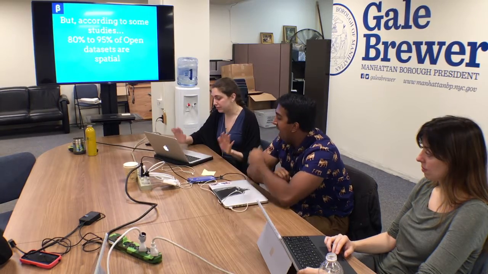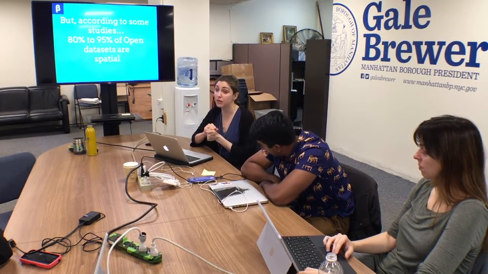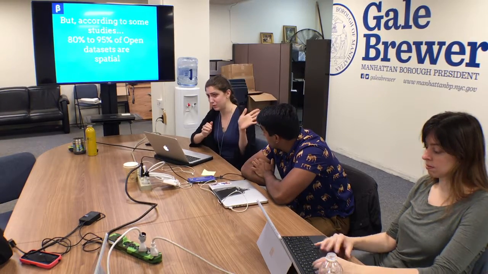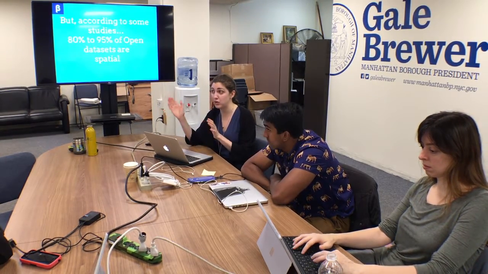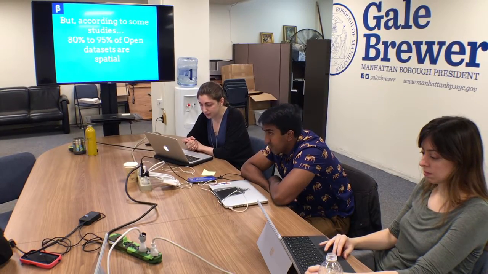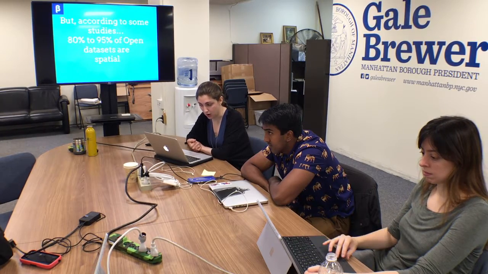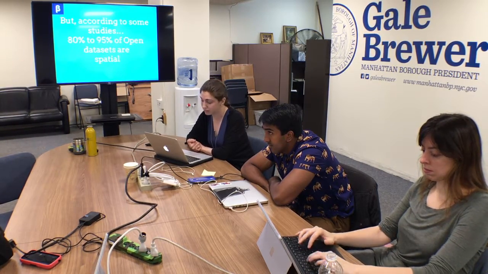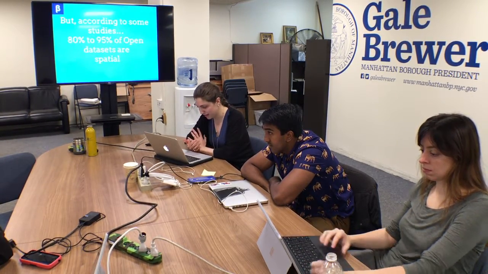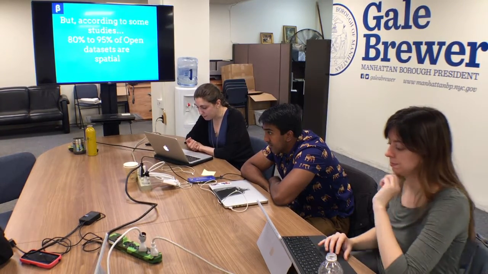I can't quote this because these numbers come from studies that actually weren't about New York City. The 80% was about Brazil, I think, and the 95% was about New York State, not New York City. So I don't know exactly how many of Socrata's data sets are spatial, but I'm making an educated guess that it is a lot.